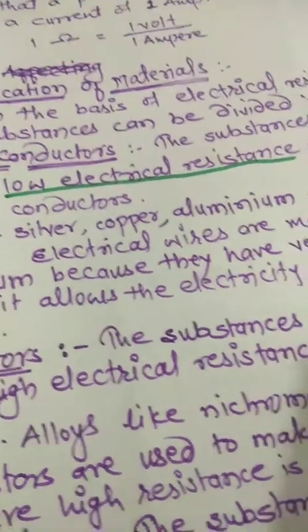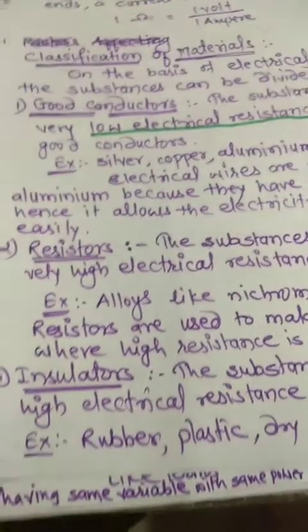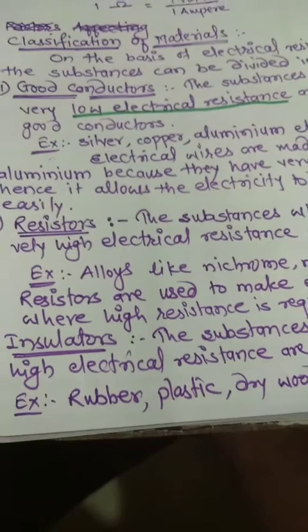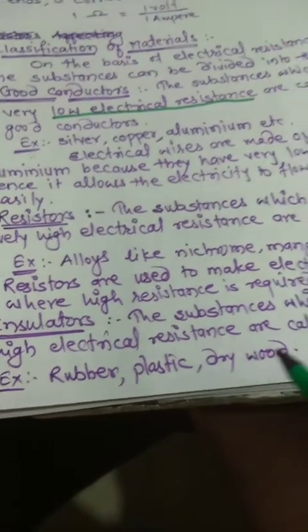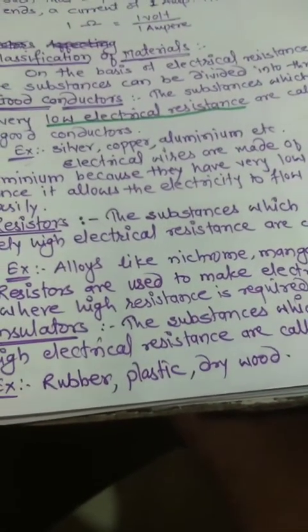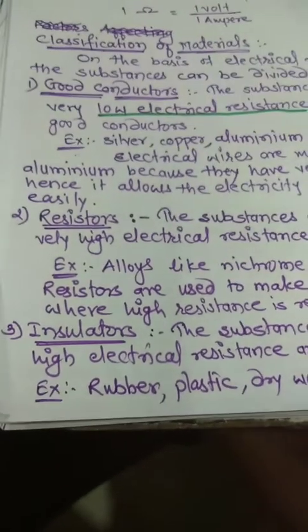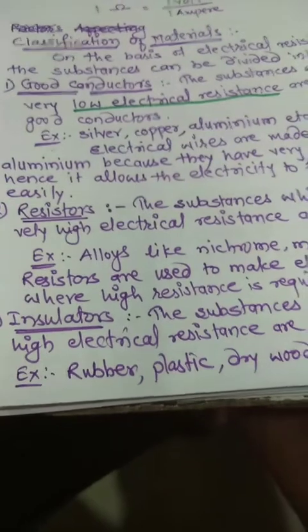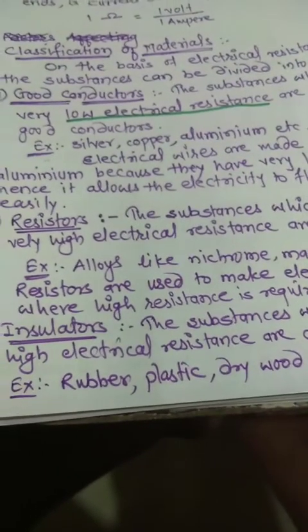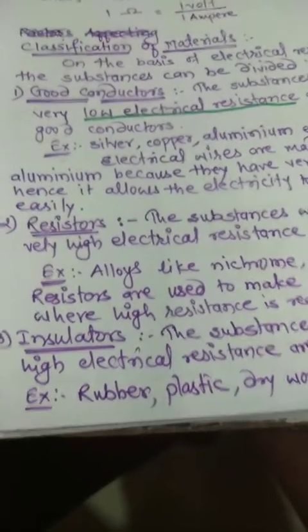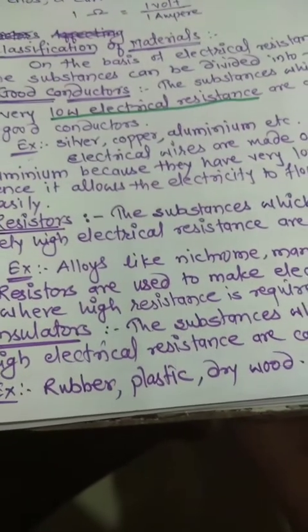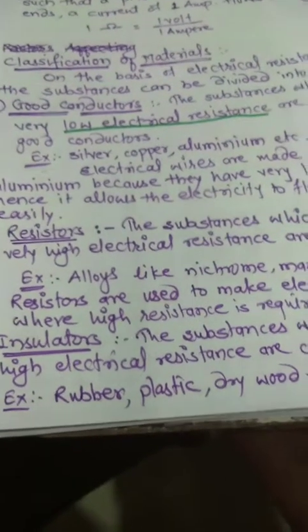Such materials we call insulators. Examples are rubber, plastic, dry wood. Electric current cannot pass through these substances, which means they have very high electrical resistance. That's why they are called insulators.